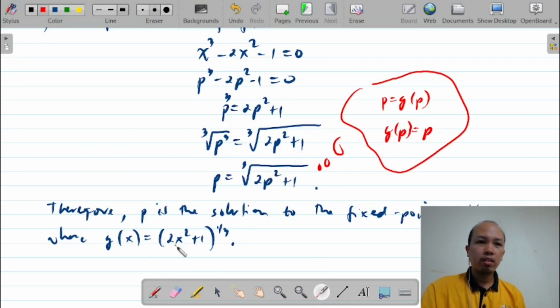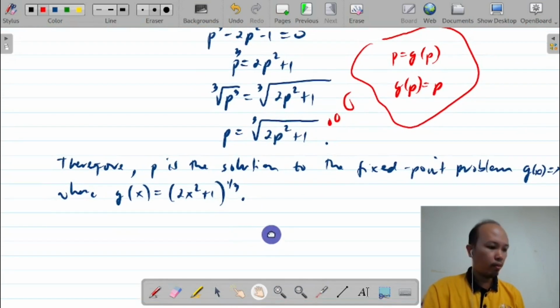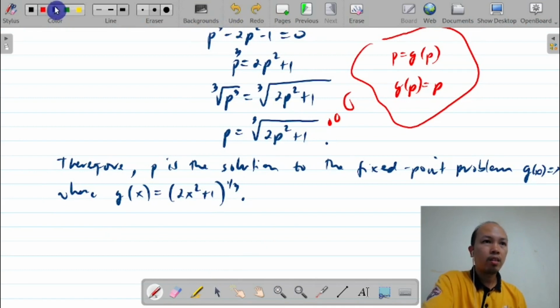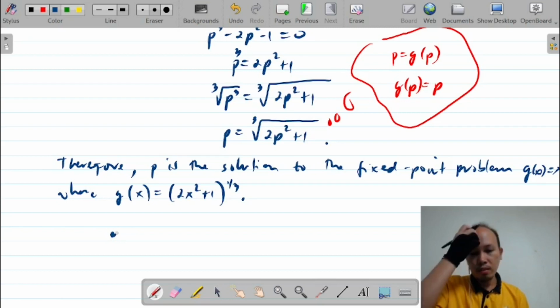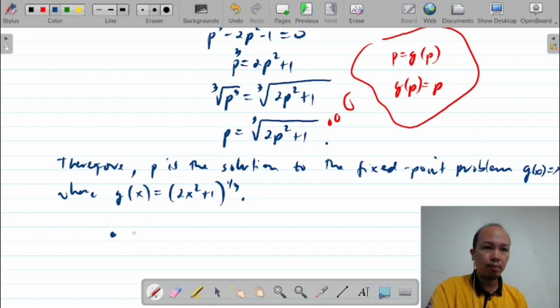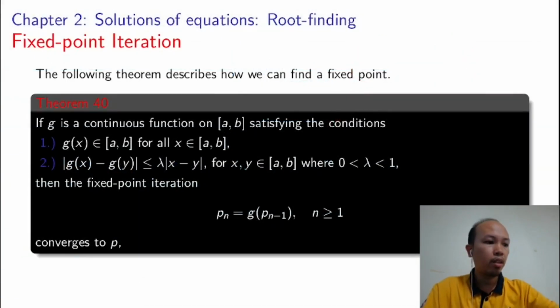Okay, so replace x as a function, and then notice that, I don't know if you notice, if you use Theorem 40, let's show Theorem 40.